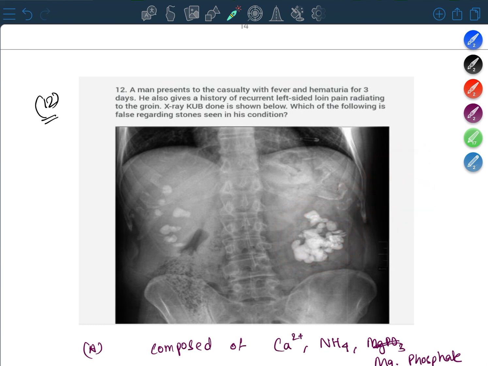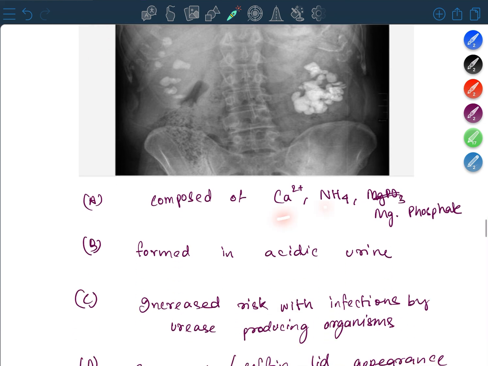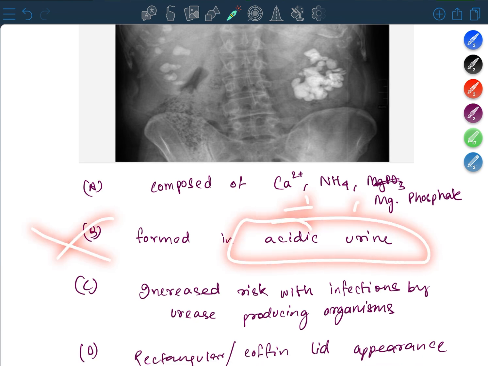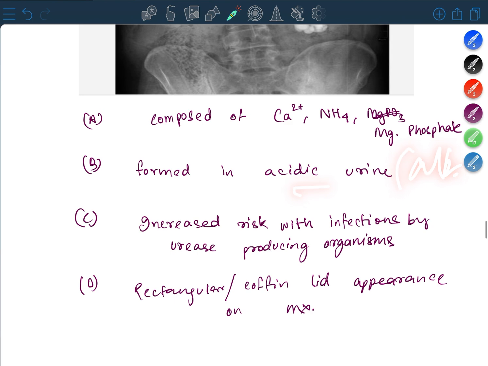Now they have asked which is false. Composed of calcium, ammonium, magnesium: no, this is correct. Triple phosphate stone found in acidic urine: no, this is wrong. So this is the correct answer, because this is found in alkaline or basic urine. Increased risk with infections by urease-producing organisms: yes, we did Proteus and Klebsiella.